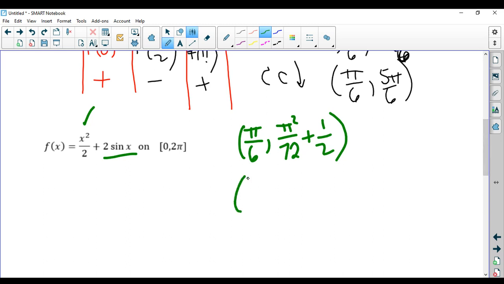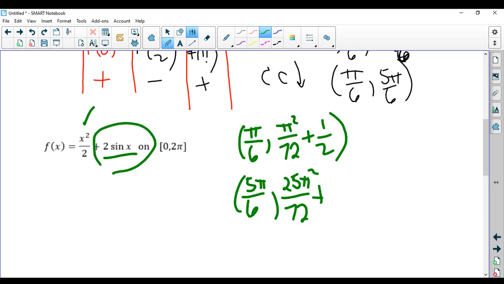And then do the same thing with 5 pi over 6. Plug in 5 pi over 6, you're going to get 25 pi squared over 36 over 2. So 25 pi squared over 72 plus 2 times the sine of 5 pi over 6, which is 2 times 1/2, which is 1, which just reminds me here I made a mistake.